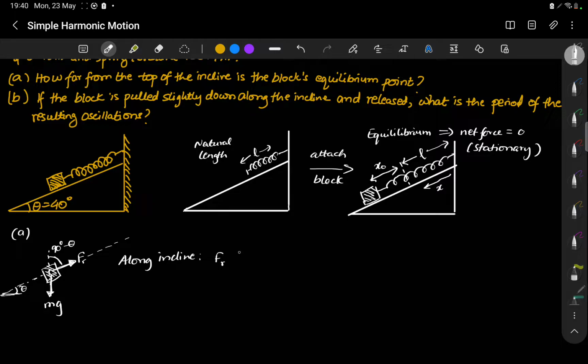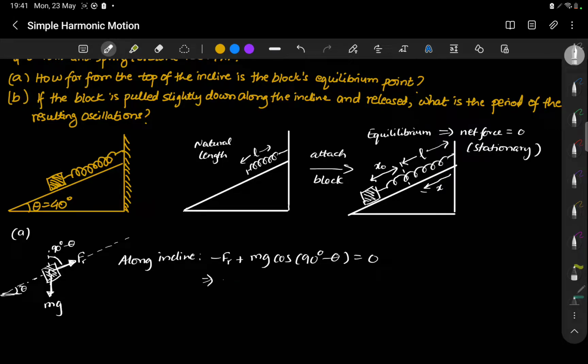This would be mg cosine of 90 degrees minus theta is equal to 0. So net force along the incline is 0, and we have taken this downward direction as the positive direction. So restoring force is being applied opposite to the force of gravity along the incline.